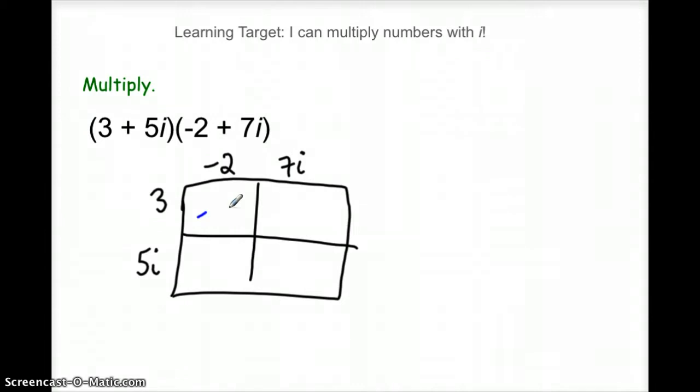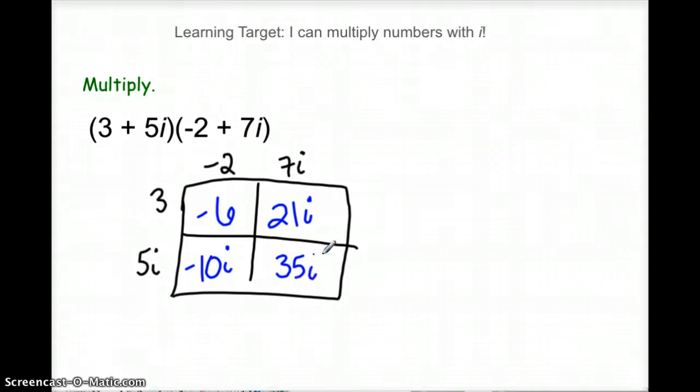Okay, so just multiply the numbers to fill in. 3 times negative 2, negative 6. 3 times 7, 21, keep the i attached. 5 times negative 2, negative 10, keep the i attached. 5 times 7, 35, but I've got 2 i's, so I'm making it i squared. Scribble out the i squared, make your 35 negative. Then we're going to add like terms. I'm going to start with the real stuff because that needs to go first in my answer anyway.